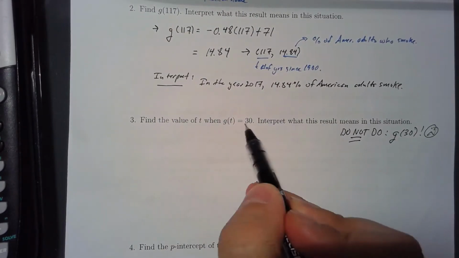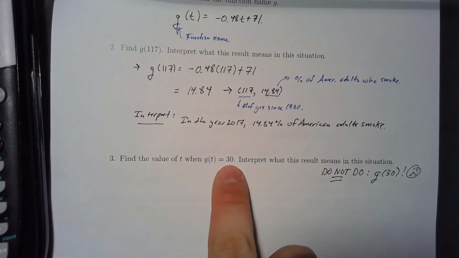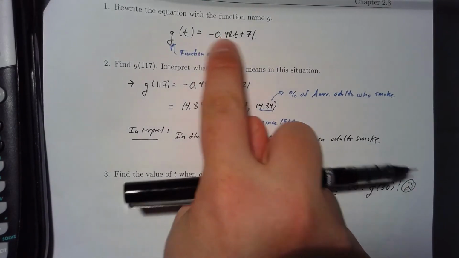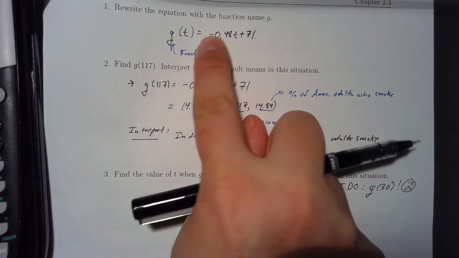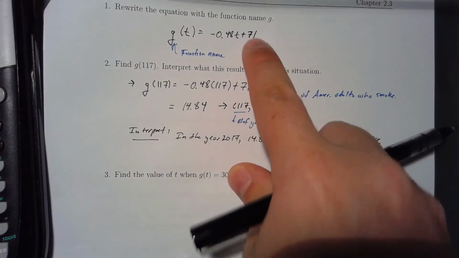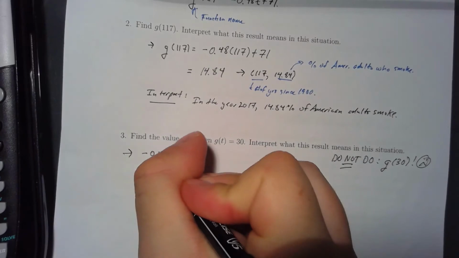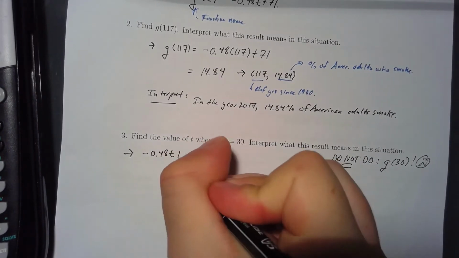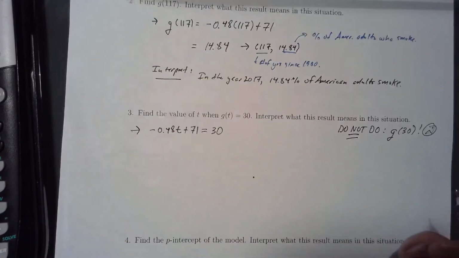I see that mistake all the time. Here you're going to set 30 equal to our function. 30 is the desired output. My function is equal to this, so I'm going to set 30 equal to my function. So my function equals 30. Now you're just going to solve for t.